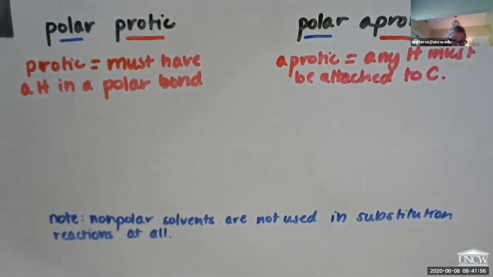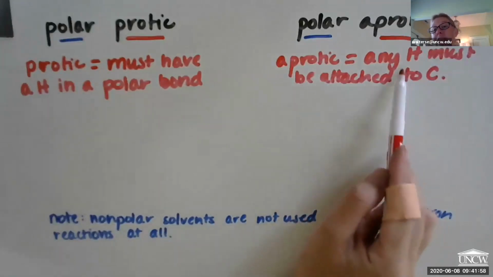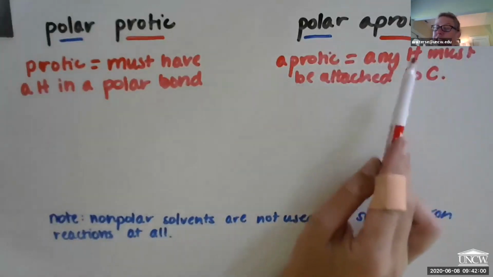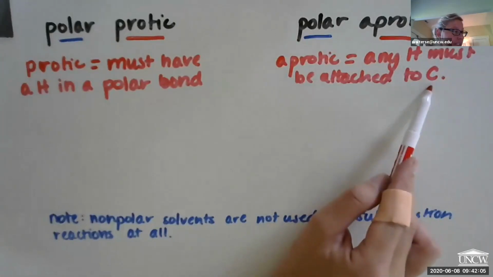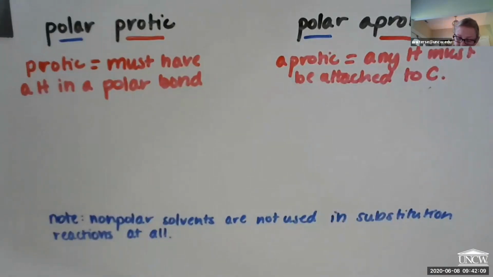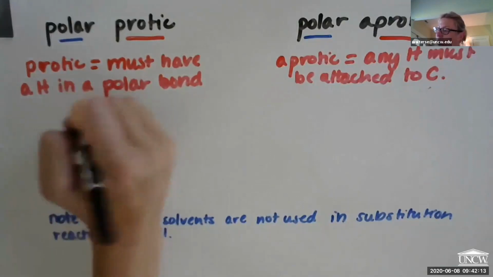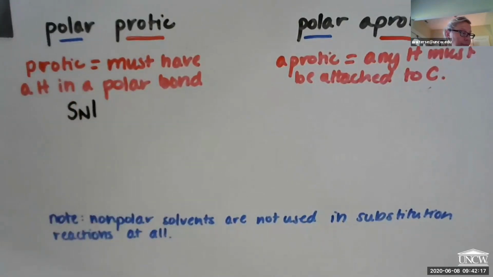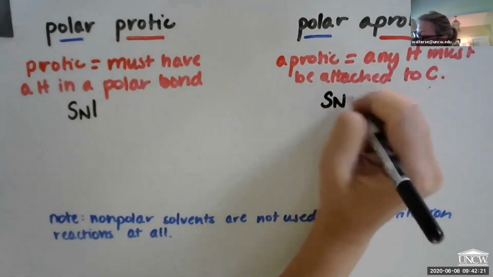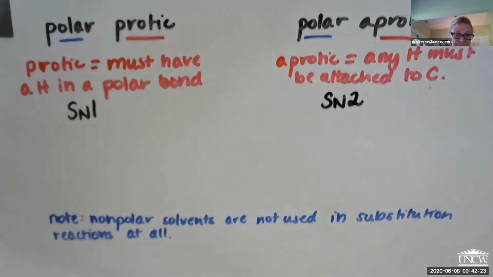So you can have hydrogens in polar aprotic, they just have to be in non-polar bonds. Polar protic solvents are always used in SN1. Polar aprotic solvents are always used in SN2.